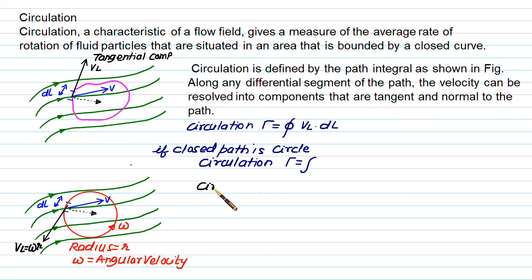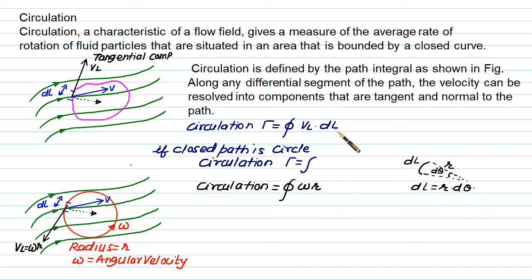You will get the circulation equal to the cyclic integral of VL, that is omega into r, and this differential segment dl will make an angle d theta at a radius r. So we can write dl as r multiplied by d theta.